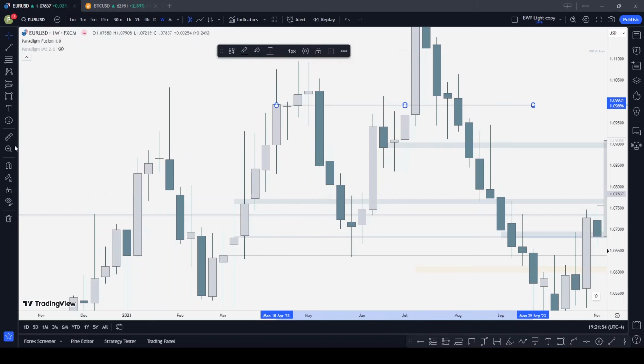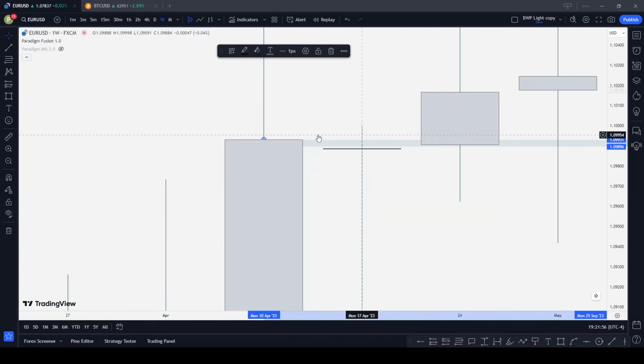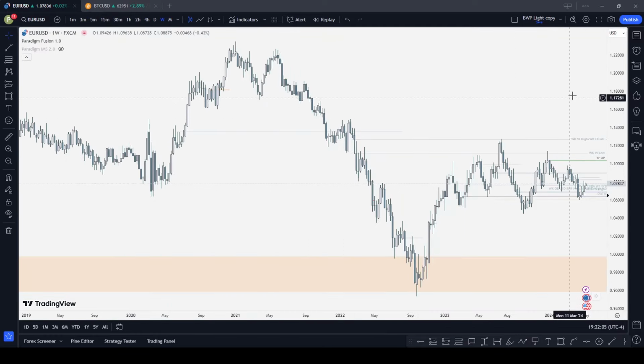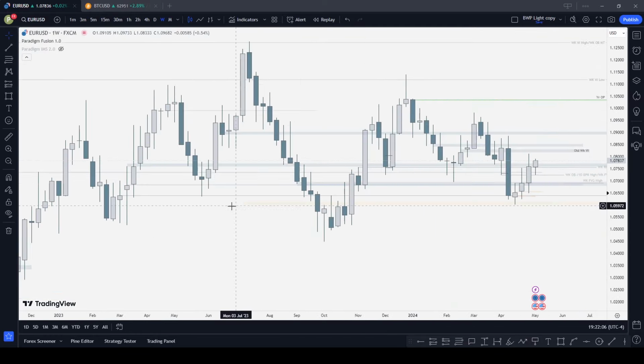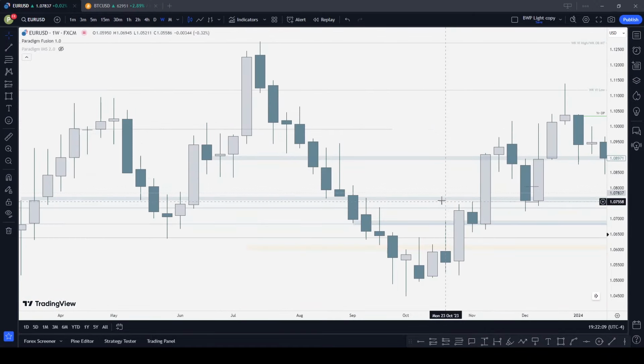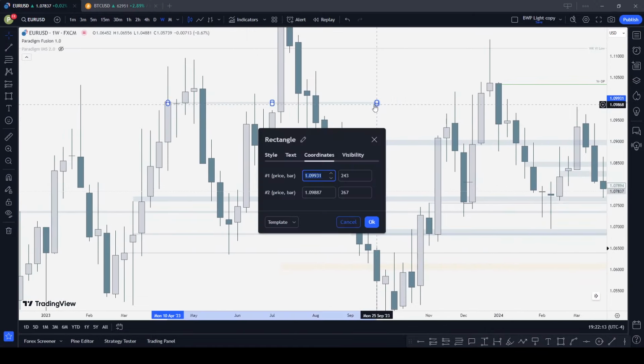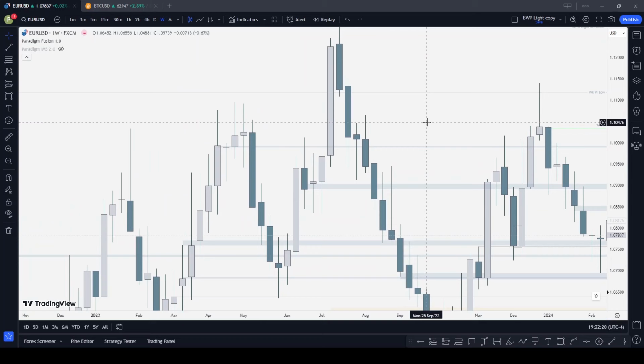Okay, let me zoom in. You can see there is a tiny little gap right there. So it is definitely still valid. So let me just extend that into the future. So that's the first set of rules you need to understand.